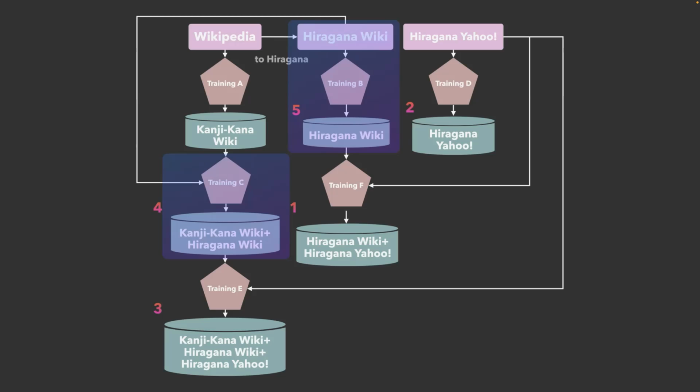This confirms the effectiveness of fine-tuning using the Kanji Kana Wiki model. Secondly, the accuracy of the Hiragana Yahoo model is the second best, which can be attributed to the fact that the training data used is BCCWJ data and the test data is also BCCWJ data.